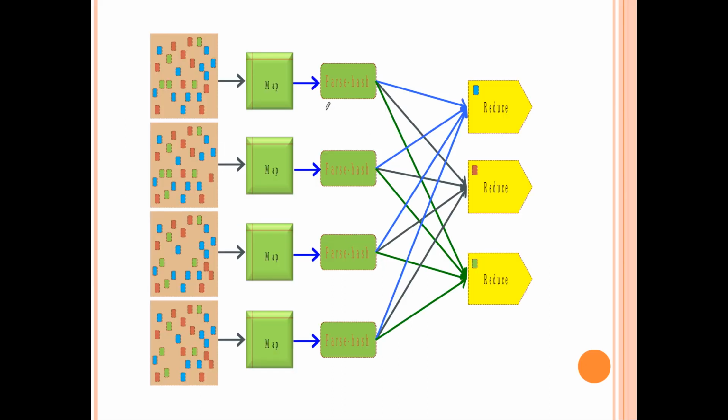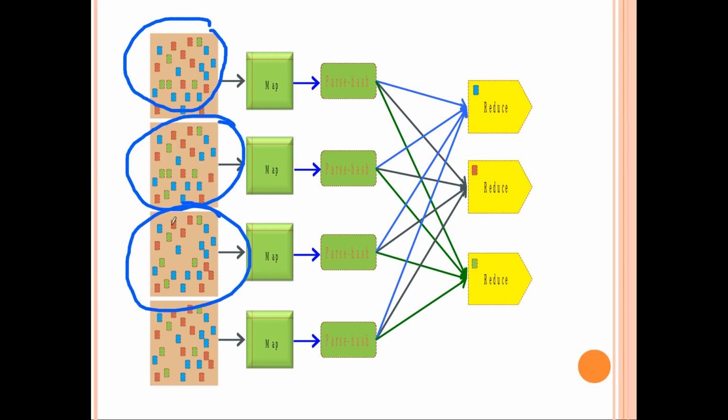So this is the entire process of MapReduce as part of Hadoop. That means this huge amount of data is stored in different nodes, and every set of data will be given to the map function, and the map function will apply some operation on that.